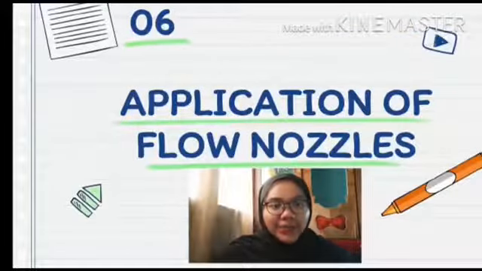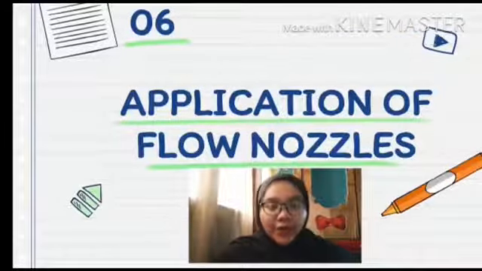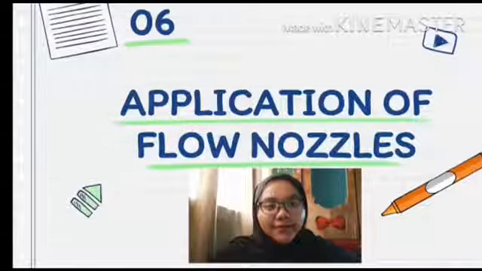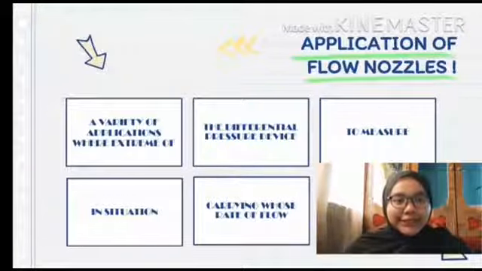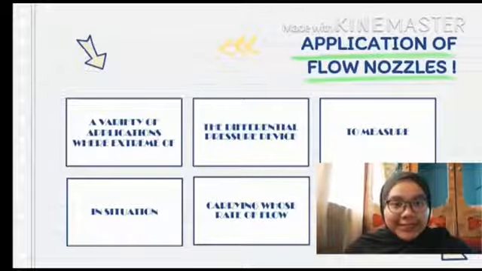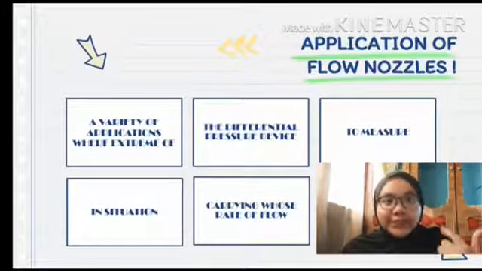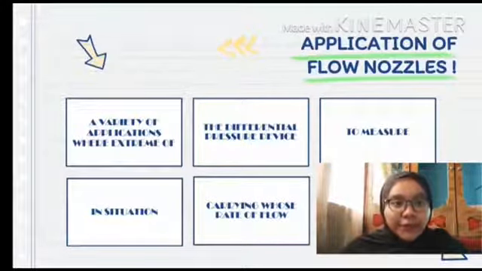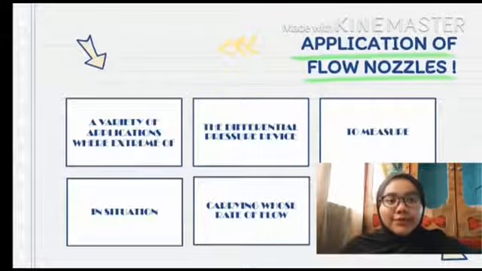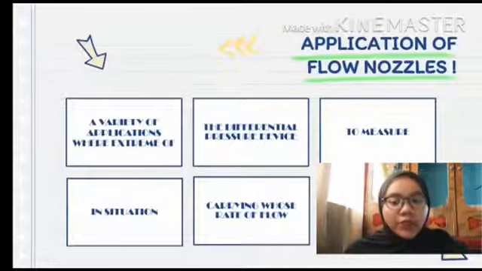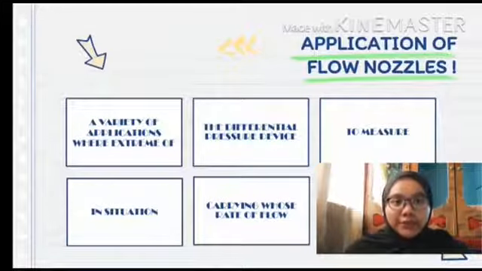Next, I will talk about the applications of flow nozzle. The first application is that flow nozzle can be used in a variety of applications where there are extremes of pressure, temperature, and aggressiveness of the fluid. Next, flow nozzle is often used as a differential pressure device to measure the flow of the fluid.